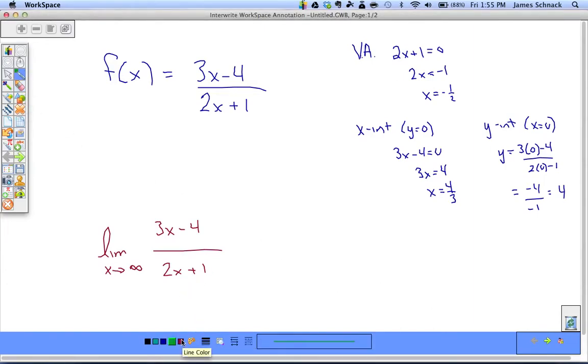Here's the strategy that we use when we're finding the horizontal asymptote. Divide all terms, not just some, by the highest power of x.